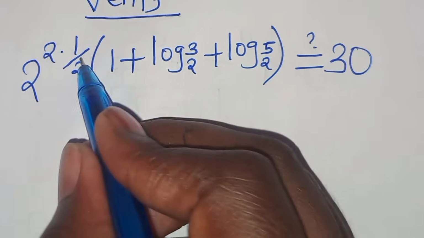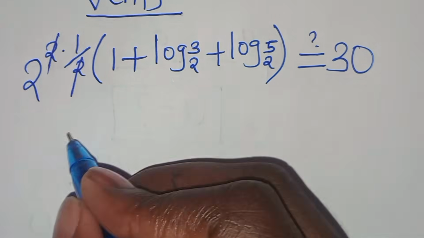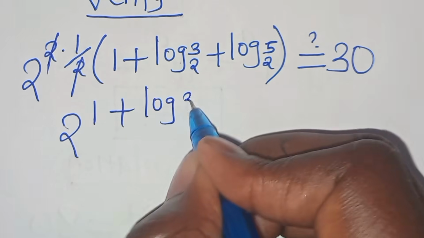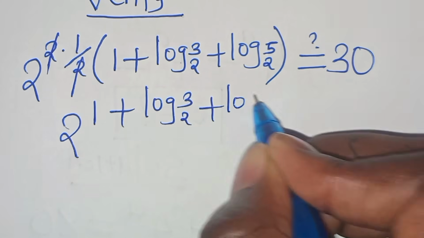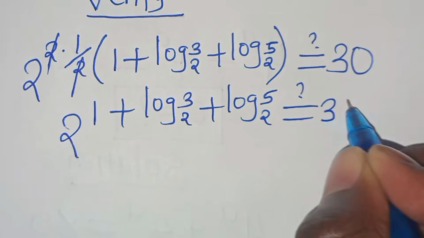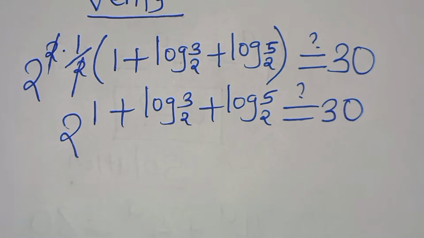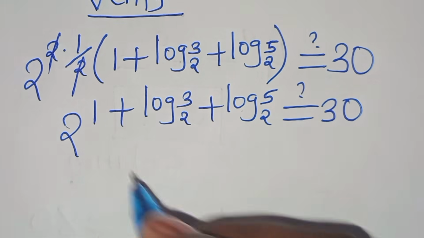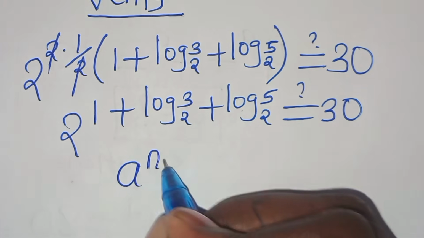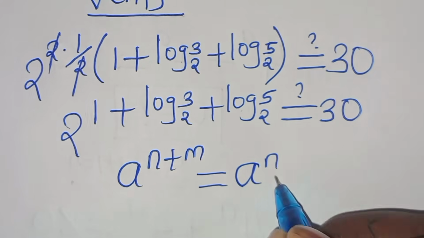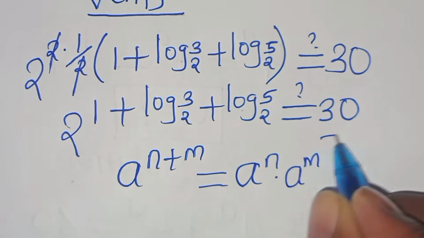Now the next step is to simplify here. 2 and 2 simplify so that we have 2 to the power of 1 plus log 3 to base 2, plus log 5 to base 2, supposed to give us 30. Now, 2 to the power of 1 plus log 3 to base 2 plus log 5 to base 2 is in the form of a to the power of n plus m, which can be expressed as a to the power of n times a to the power of m.